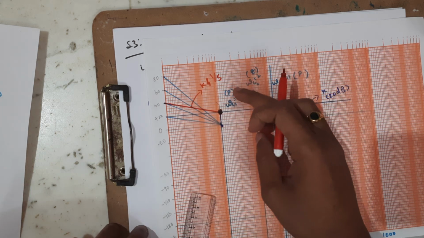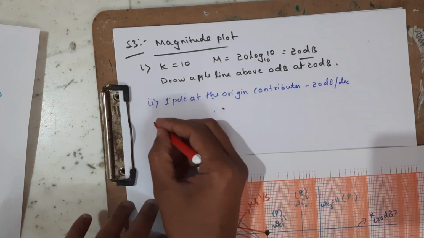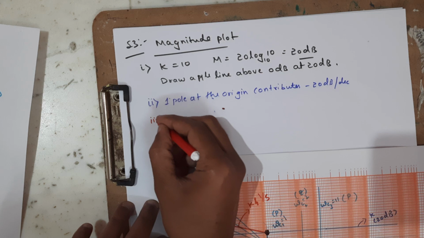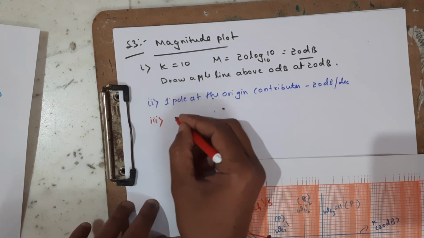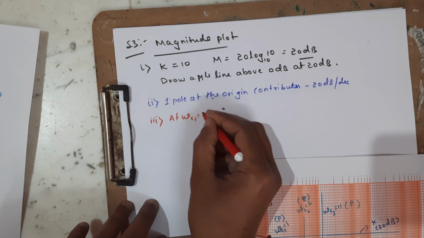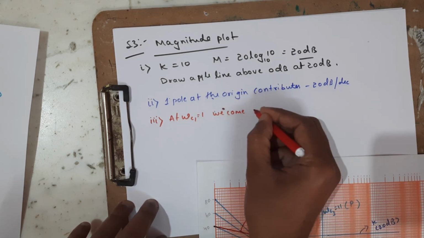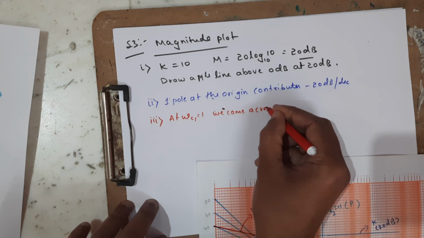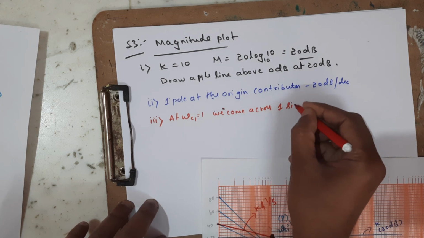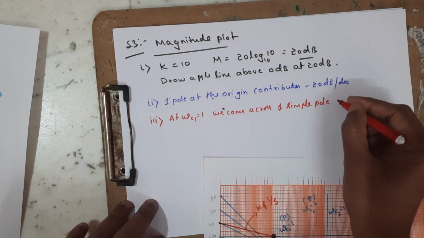Okay, so at omega C1, 1 radians per second, what is this? This is a pole, right? So we have one simple pole. So what is the contribution of that third factor? At omega C1 equal to 1, we come across one simple pole. So what is the contribution of this?